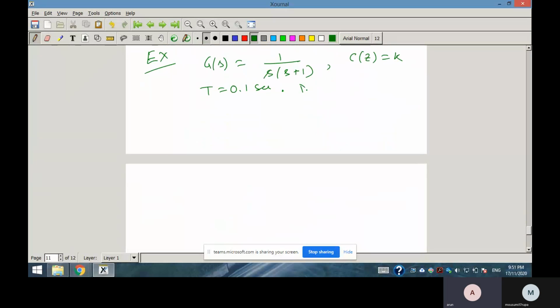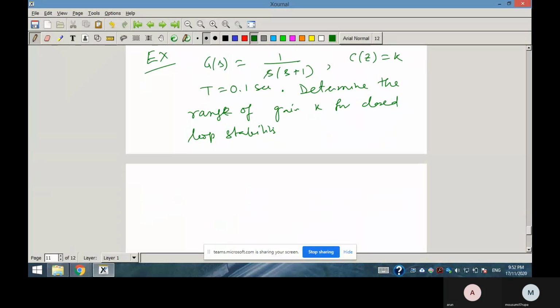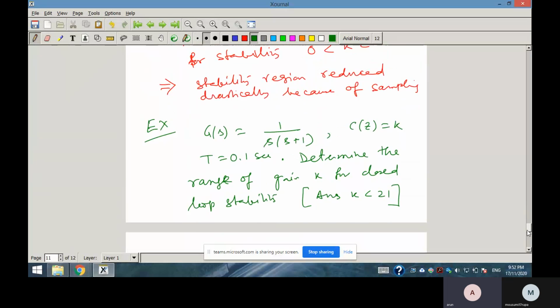Determine the range of gain K for closed loop stability. The answer is K less than 21. Please check it. You can solve it with the same method.